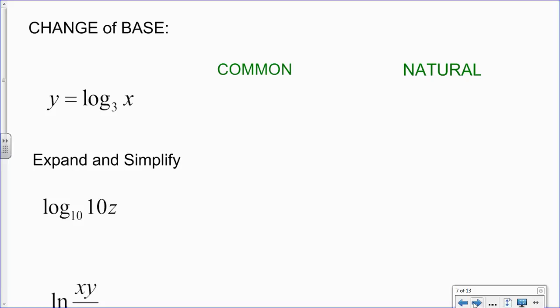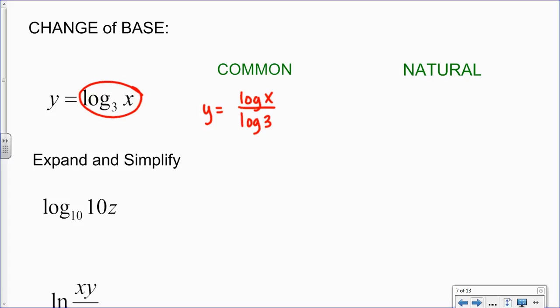So we're going to do this top part here, and then we're going to do this expand and simplify tomorrow. So what I want to write is common, which is log base 10. So y equals, I'm rewriting this part right here, log base 10 of x over log base 10 of 3. I don't know what x is, so I can't get an actual value for that. I just have to leave it as is.